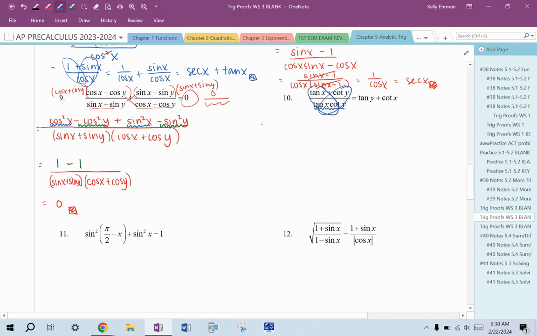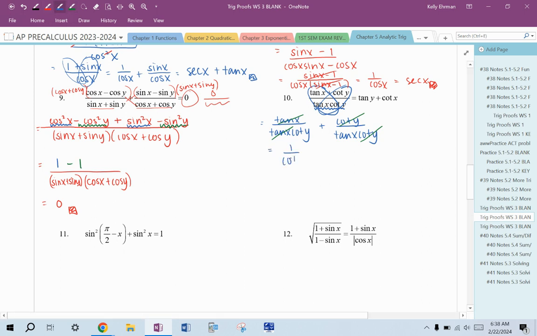That means that I'm allowed to make this tangent x over tangent x cotangent y plus cotangent y over tangent x cotangent y. That's really convenient because it cancels out a pair of tangent x's and a pair of cotangent y's.